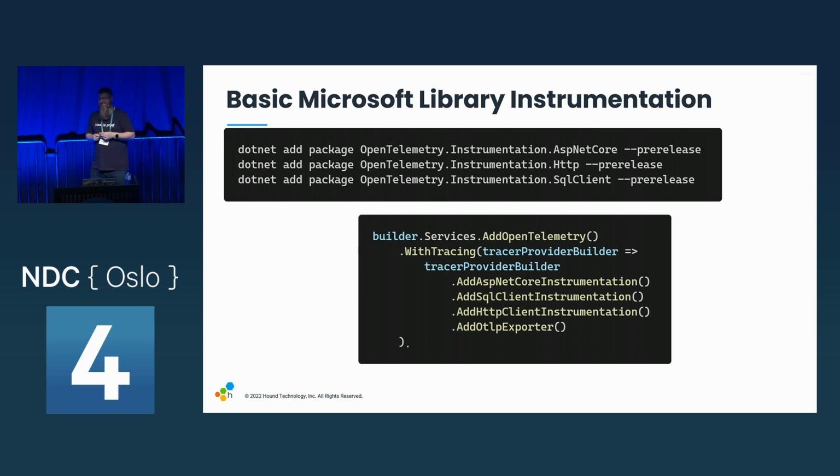October. In October, with any luck, the HTTP and ASP.NET Core ones will become stable because the standards will be stable. The SQL client stuff is probably going to take a bit longer, but yes, they are coming. But until those become stable, we can't make them release packages, unfortunately.